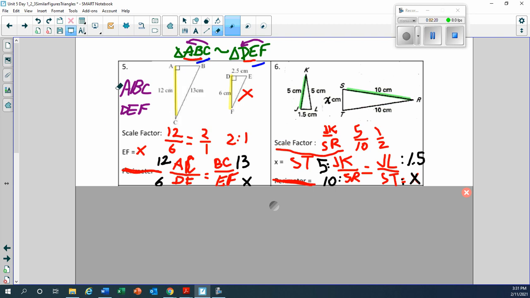Take the first few letters, put them up directly over the second group of letters. And again, the key is to look at the direction and the position of your triangle or your polygon. In this case, we see position A to B is the exact same as DE, and then BC, EF, and then FD, CA.